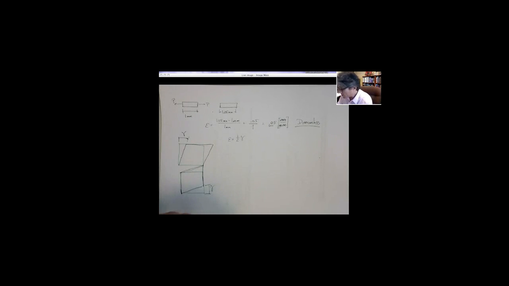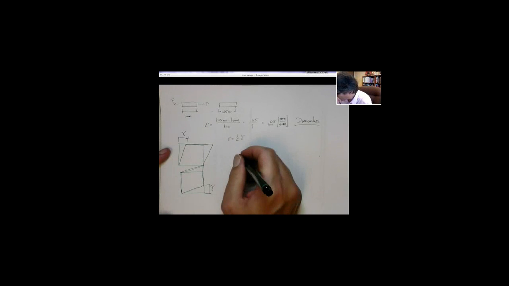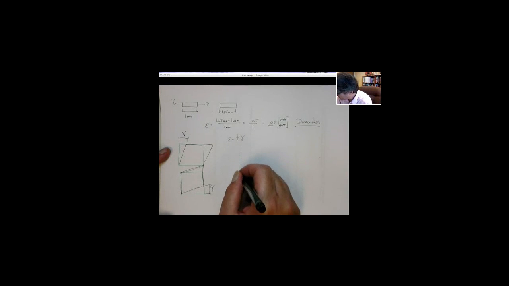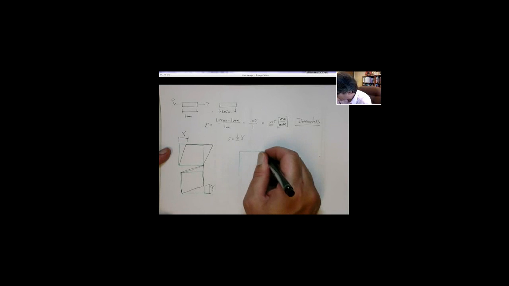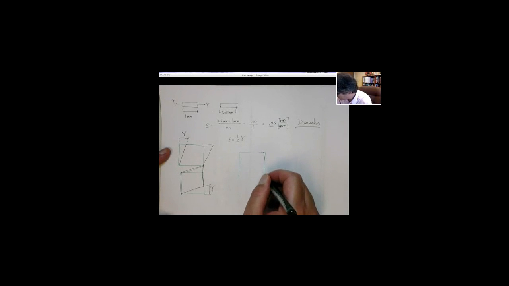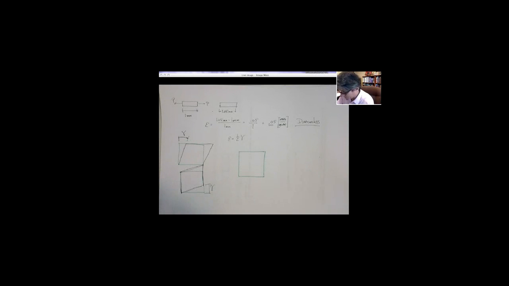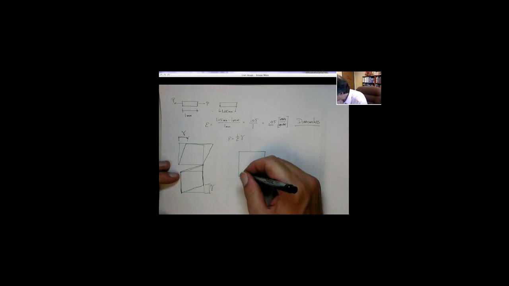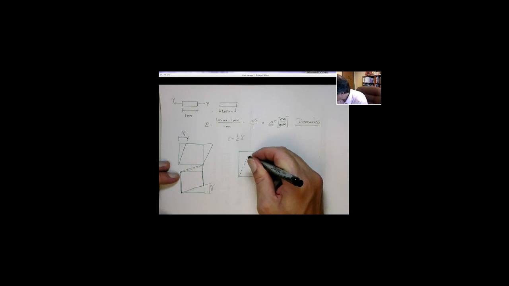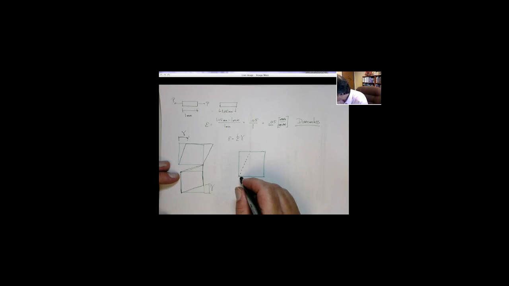Or in general, what you typically see is the following. Let's draw a nice undeformed block. Now I'm going to draw the deformed configuration. Purposely going to not make these angles be the same.